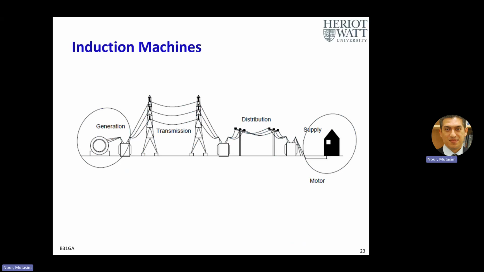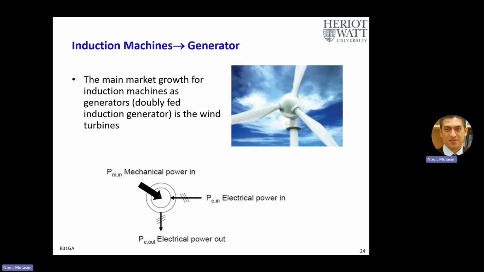But what about induction machines? Do we have induction generators? Yes, induction machines can be generators. By the way, most of the modern wind turbines are using something we call a doubly fed induction generator because it's more efficient.